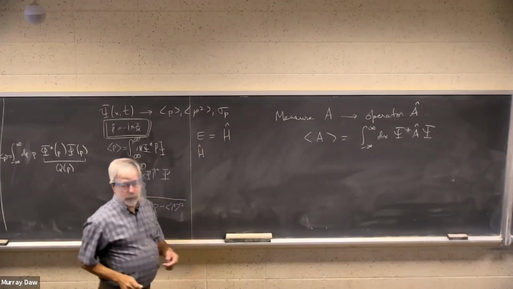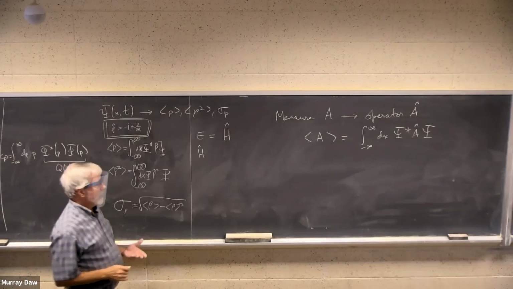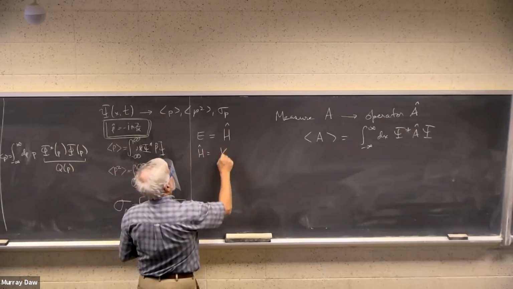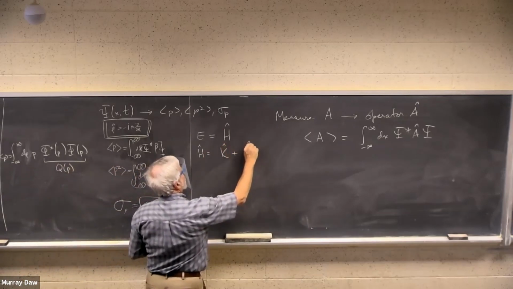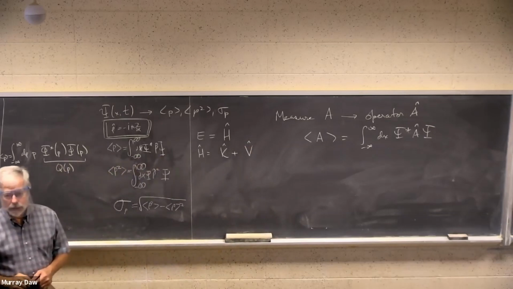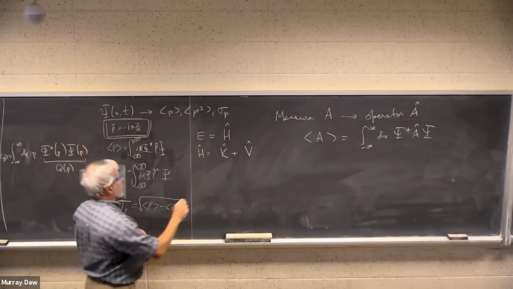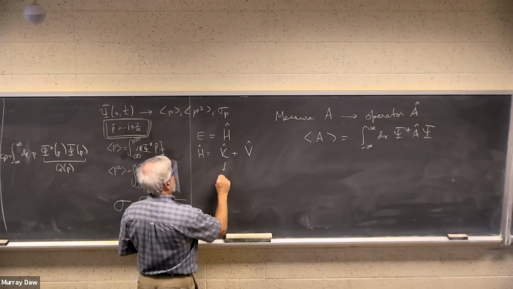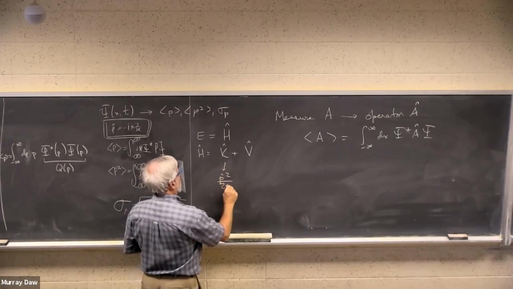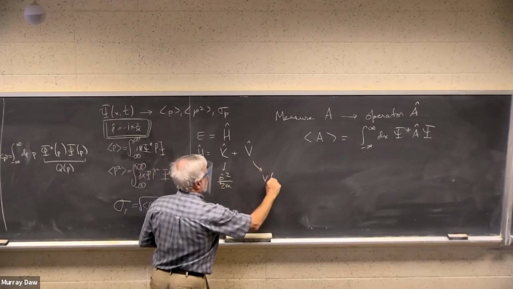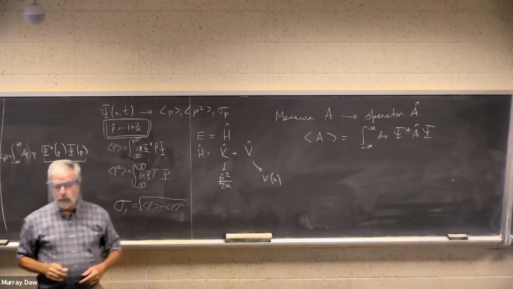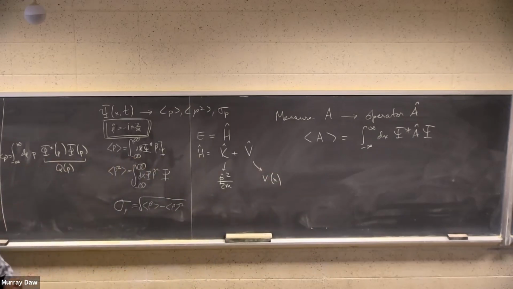Sometimes it's the energy, depends on the Hamiltonian. It's this combination of kinetic energy and potential energy operators. Kinetic energy is p squared over 2m. Potential energy is easy. It's a function of x, just multiply the wave function by V of x, whatever it's acting on.